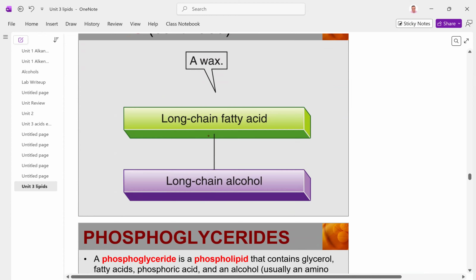So you're going to end up with the acid plus alcohol, and in an alkaline environment, you can end up with the acid salt plus the alcohol.